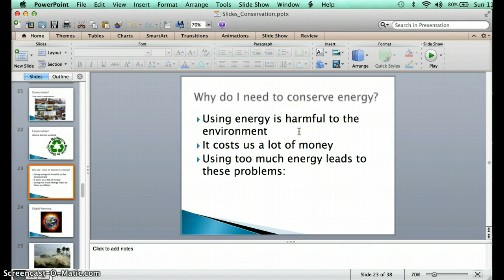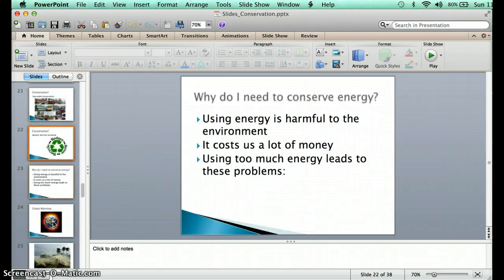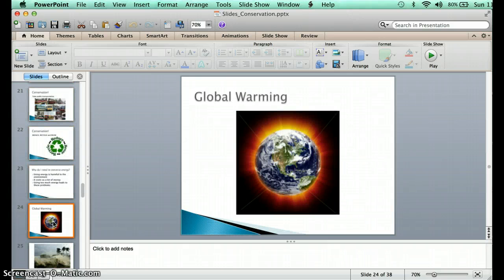And then using too much energy can also lead to some of these issues, which you've probably heard of before, but I'm just going to go through some of them. Okay, so the first is global warming, right? So with fossil fuels and with pollution and with the emissions of carbon dioxide, our world is slowly heating up, okay?